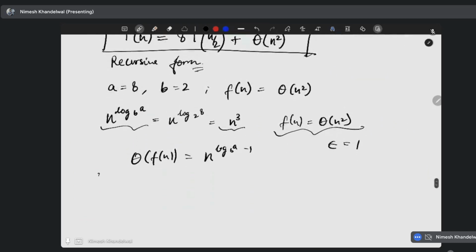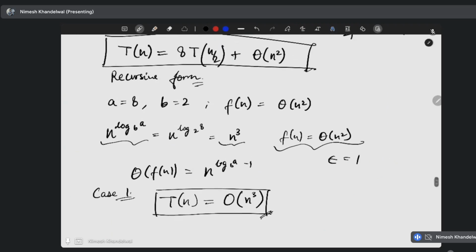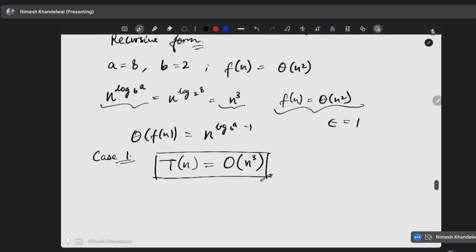So this is case 1 of Master's theorem. So clearly the runtime of matrix multiplication will be of the order of n cubed. It will be dominated by the recursion and not by the extra work during every subproblem in recursion.